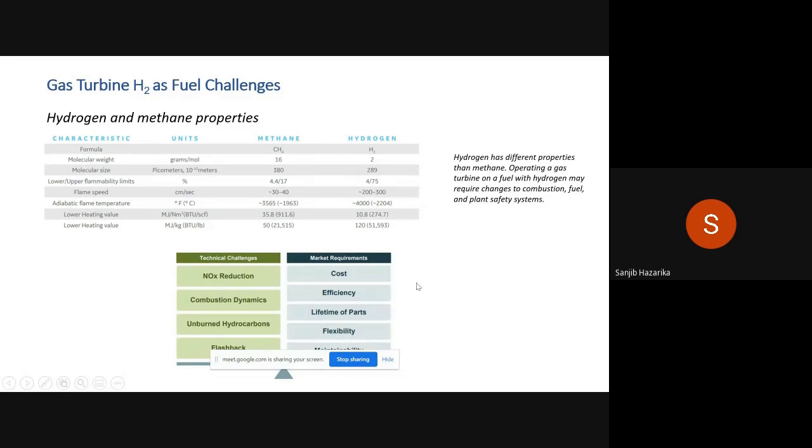And at the same time, as we do all those utilizations to operate on hydrogen, we have to check whether we have a market for that kind of technology or not, because the market depends upon cost, how much the customer is ready to pay, then of course efficiency, then the parts of the turbine, because almost all gas turbines have parts designed for a specific time.